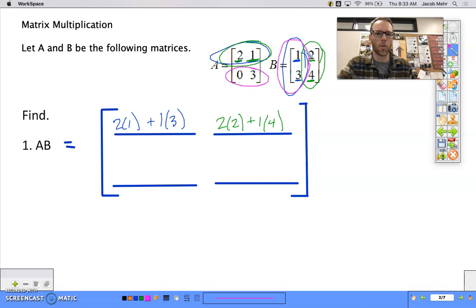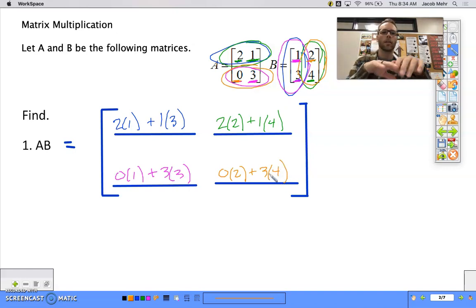How do I take the bottom row times the left column? 0 times 1 plus, it's always plus, 3 times 3. And lastly, we've got bottom row, right column for the bottom right spot. 0 times 2 plus 3 times 4.